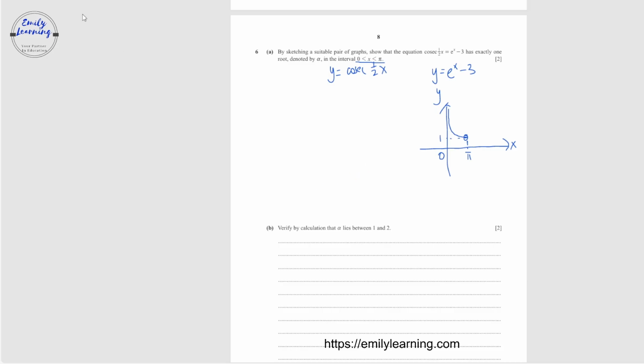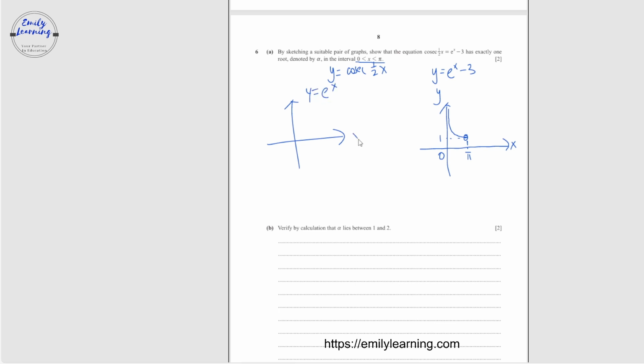Okay, so now that I've done with this, let's take a look at y equals e to the power of x minus 3. So we know that for y equals e to the power of x, it looks something like this, right? And the asymptote is at the x-axis, or y equals 0. Now, if we have e to the power of x minus 3, what happens?